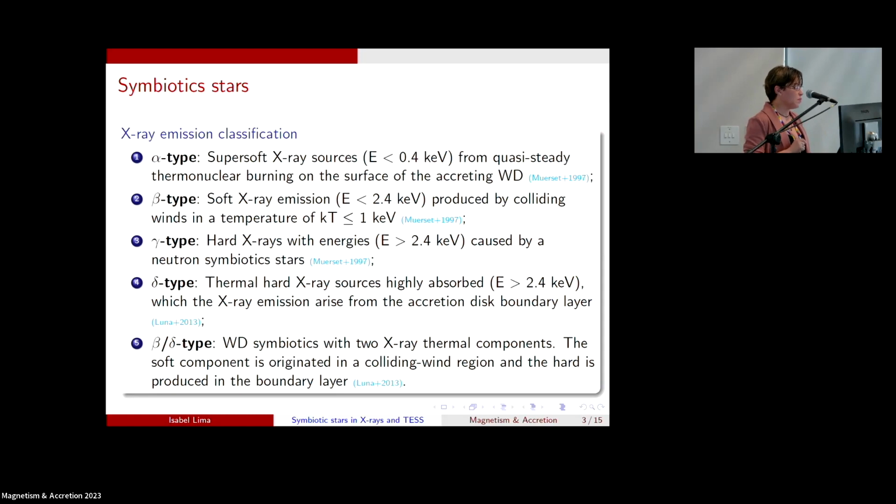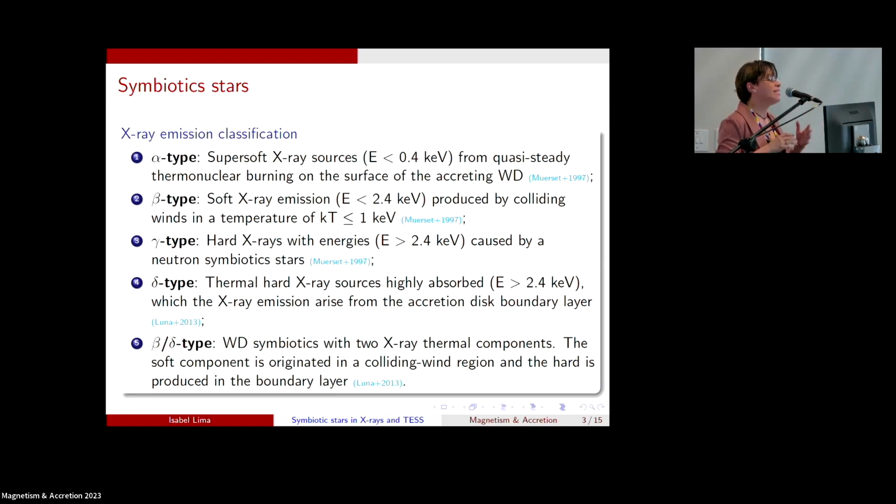Beta types are soft sources, in which the X-ray emission comes from the colliding winds of the red giant and the white dwarf as well.